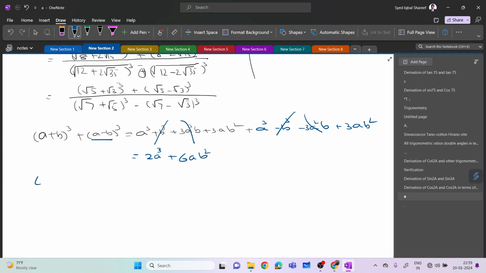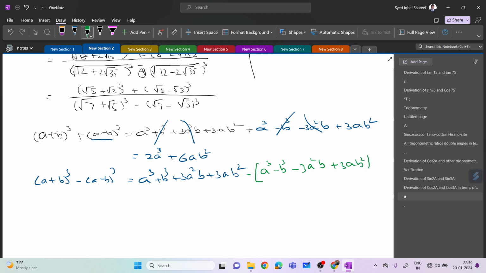Okay, now next what I am doing: a plus b whole cube minus a minus b whole cube. A plus b whole cube is a cube plus b cube plus 3a square b plus 3ab square. Now the minus outside: a cube minus b cube minus 3a square b plus 3ab square.